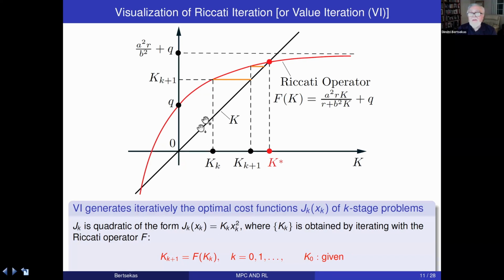So value iteration can be interpreted in terms of this staircase structure that starts from any point over here and converges to the optimal solution K star. Similarly, if we are stuck on this side, the Riccati operator operates again on a staircase structure, and each iteration brings the iterate closer to K star.